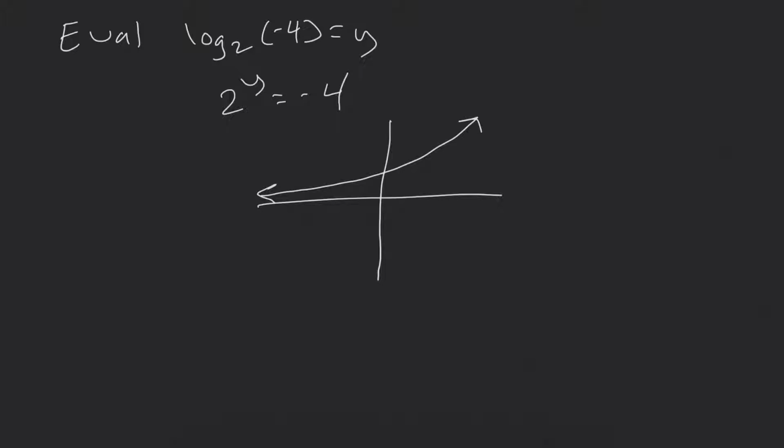It never goes below the x-axis there. So this is never going to happen here, which means log base 2 of negative 4 is undefined. And so if we wanted to write down a final answer there for that evaluation, we would say it's undefined.